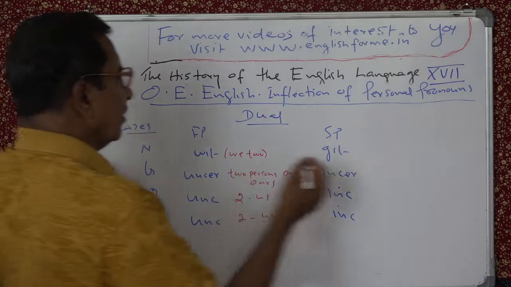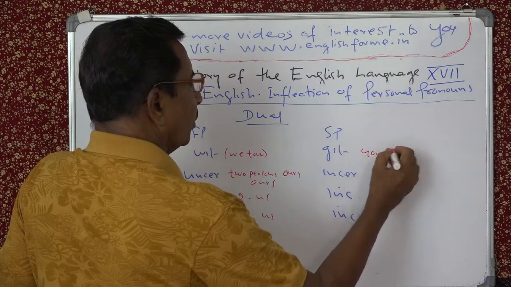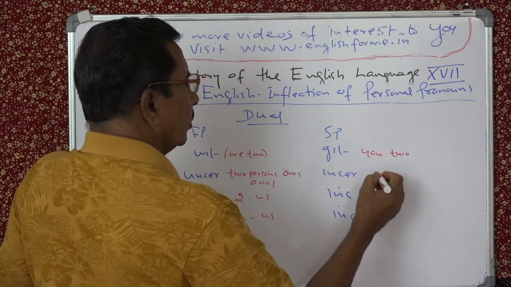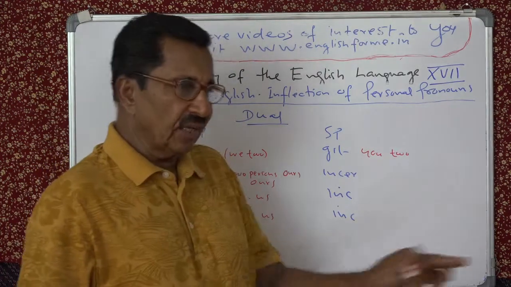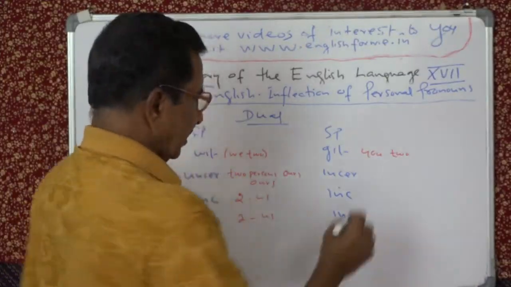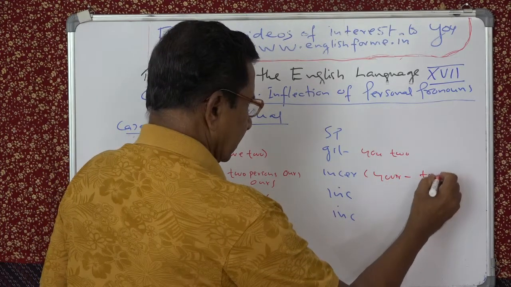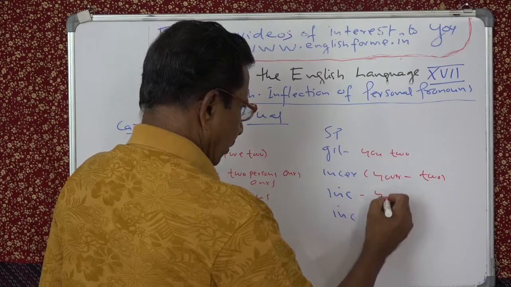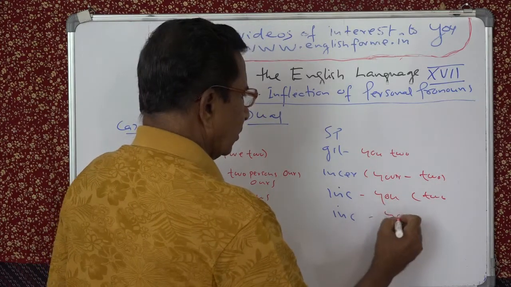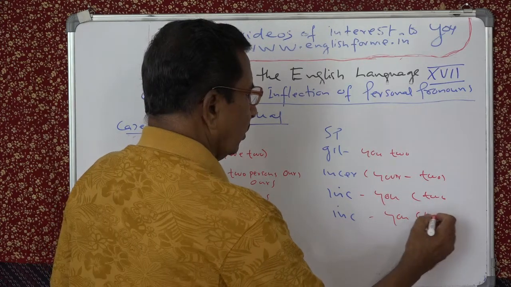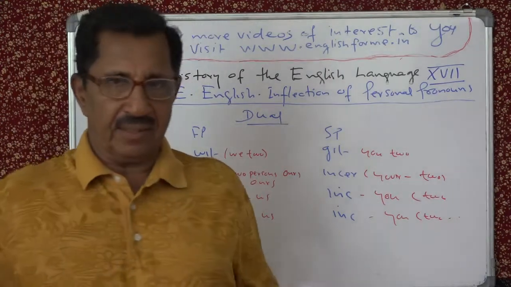So here again you have got you two. 2 persons yours. There are 2 persons and we say yours. So you can say your, but referring only to 2 persons. And you referring only to 2 persons. That's the thing. For 2 persons there is another number, that's all.